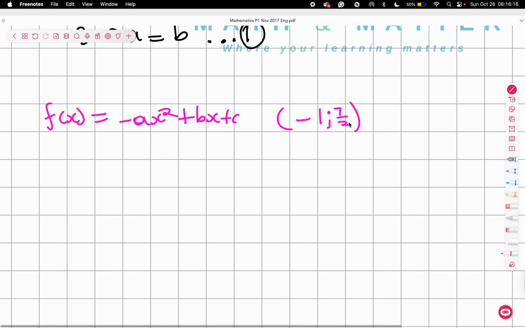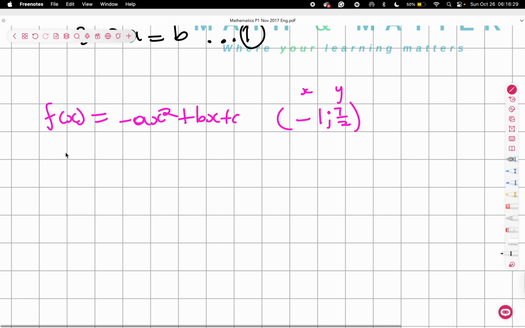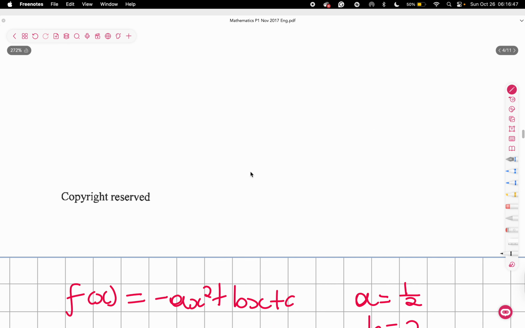So the next thing you do, you just substitute these 2 points into this equation over here. So this is your x and then this is your y. Okay, so substituting, it becomes 7 over 2, which is y, is equal to negative a. What is your x? Negative 1 squared, don't forget the squared, plus b of negative 1, c was 6.